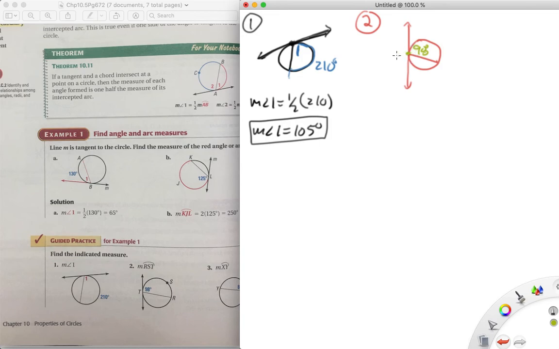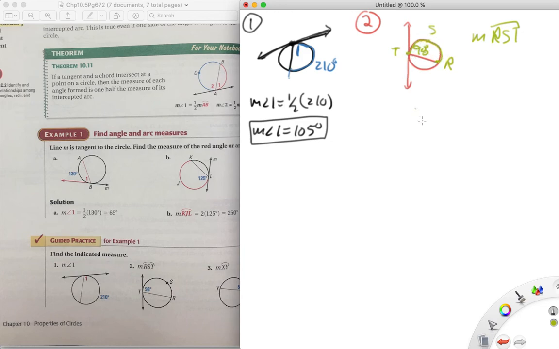We have a point here at T, here at S, here at R. And we want to know what the measure of TSR is. What is that? RST. So what is this guy?